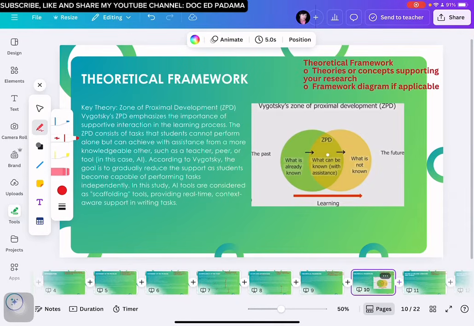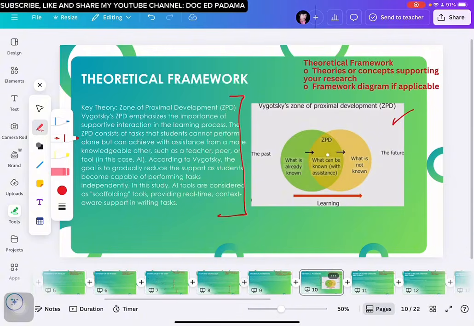In this case, there is an existing diagram of Vygotsky's ZPD presented here, and then a description or discussion of the diagram presented on your right side is included on the left side of your slide.